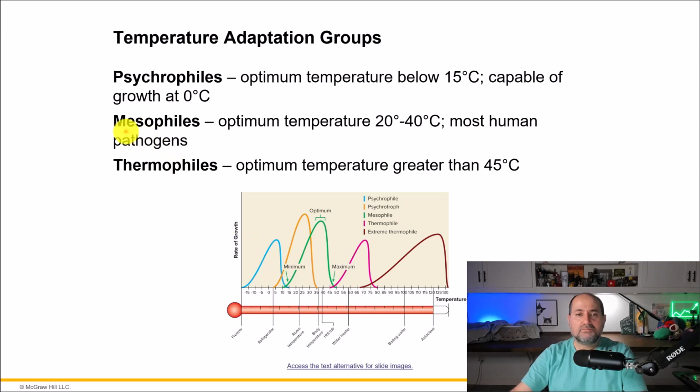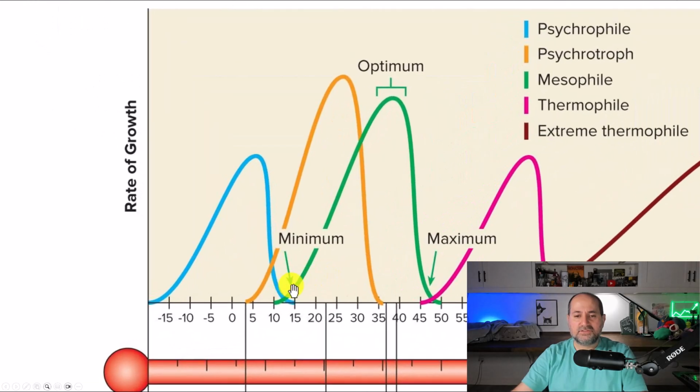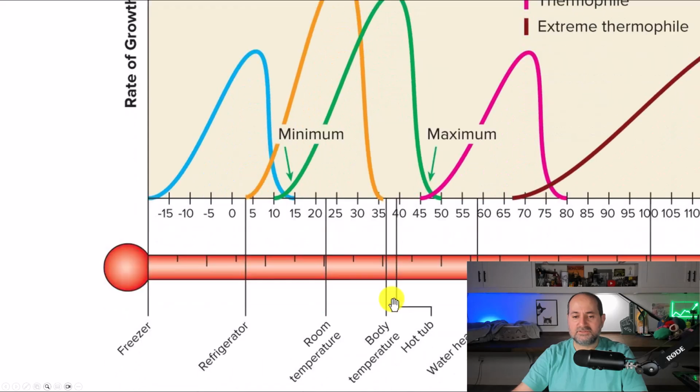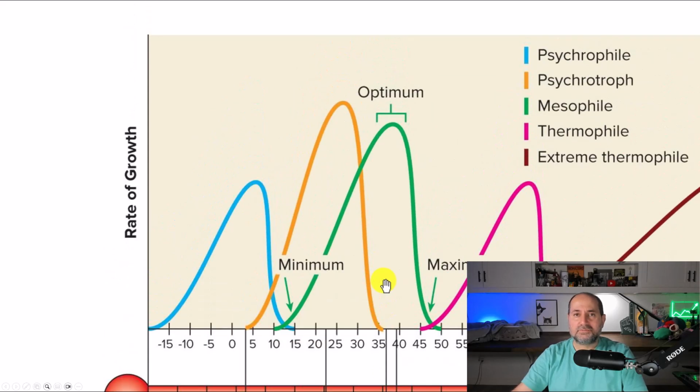Now, what types of microbes grow around room temperature or body temperature? Those are known as mesophiles. Mesophiles are the green line, and their optimum temperature, cardinal temperature, is around 37 degrees. You know what that means? Body temperature. I want you to write that down, please.